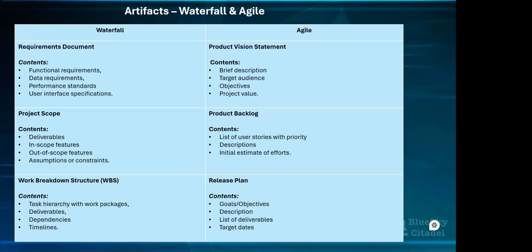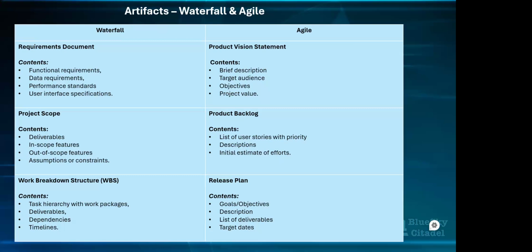What are those things that are going to be functional on this project? What are the data requirements for that project? You're looking at what is the performance standard for that project, what is the user interface specification for that project. Okay, so those will be the content.